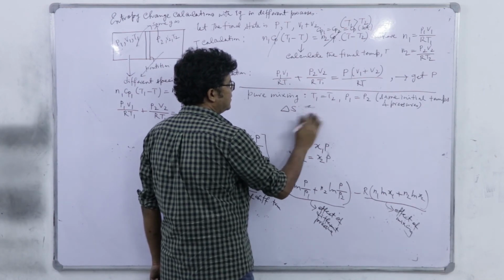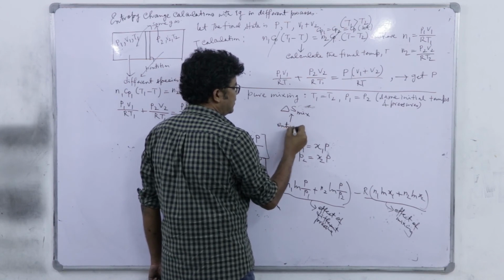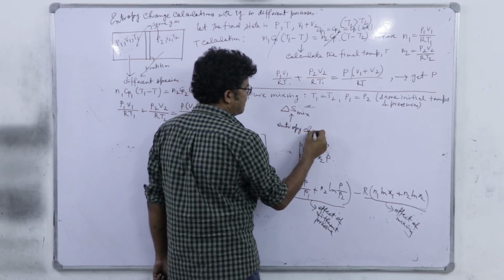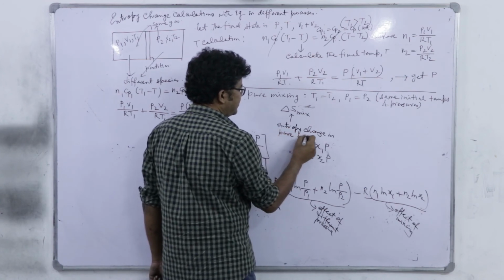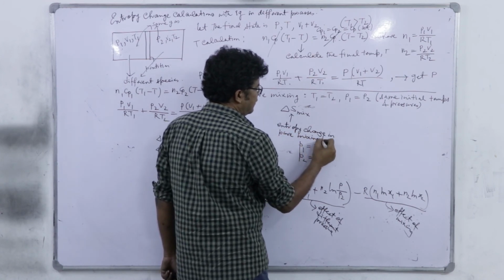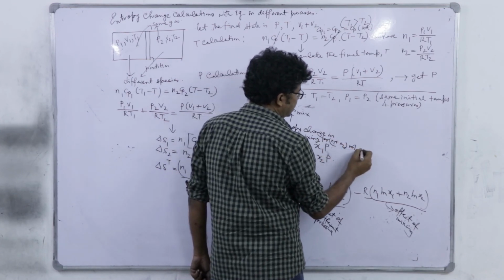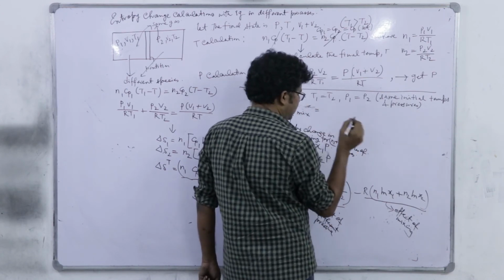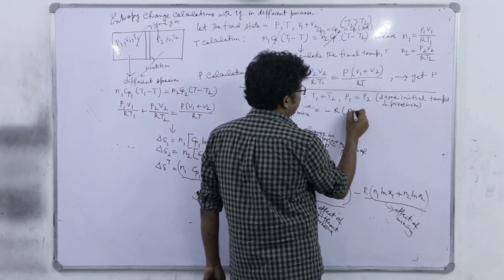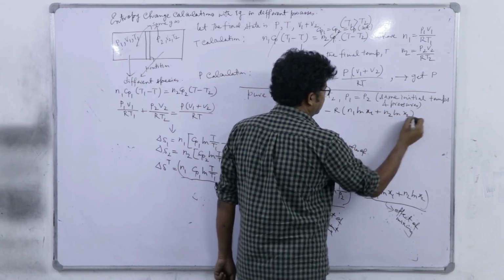So, delta S mix, which is the entropy change in pure mixing for N1 plus N2 moles of gases. So, this is minus R (N1 ln x1 plus N2 ln x2).